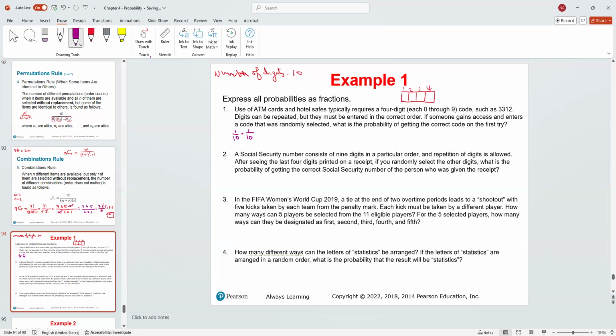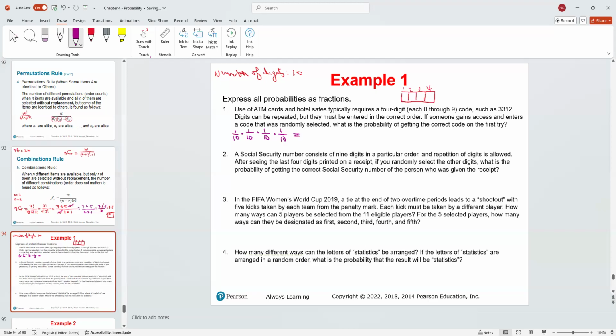If we couldn't repeat, the first would be 1 out of 10 and the second 1 out of 9. But we can repeat, so the third digit is 1 out of 10 again, and the last digit is 1 out of 10, because they said on the first try.